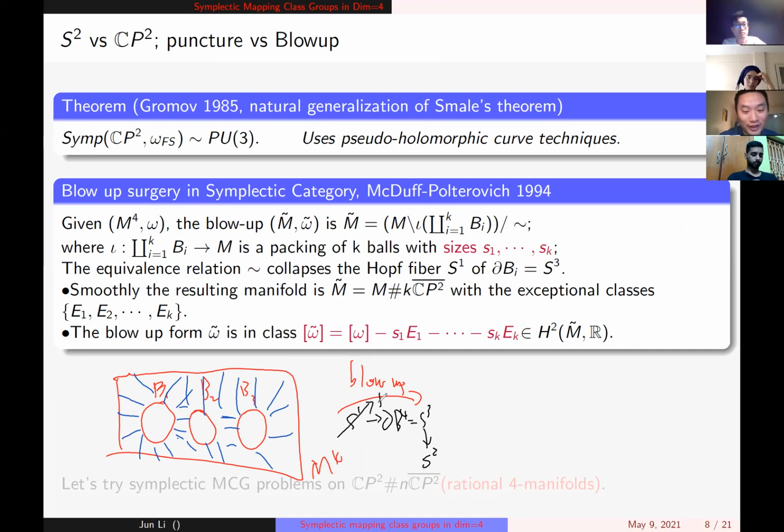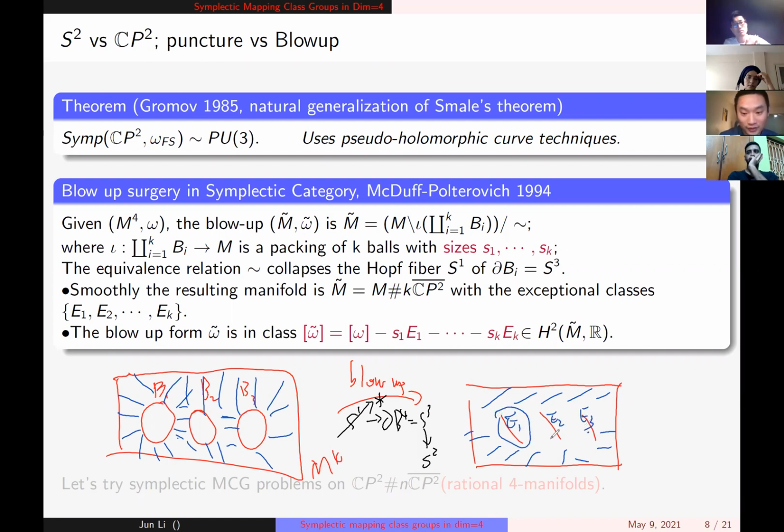Then we collapse the circle fibers. After the collapsing step, we still have the complement of the balls, but the boundaries of the balls are now exceptional spheres. Let's say those are E1, E2, E3.